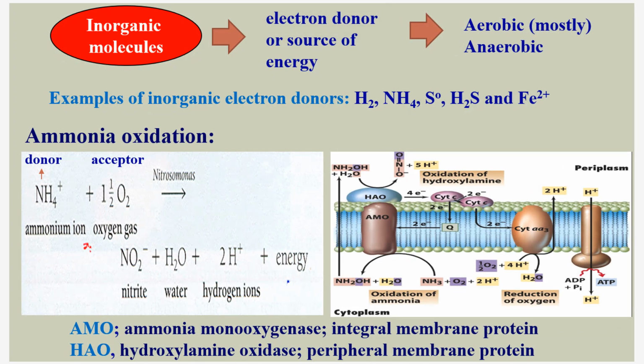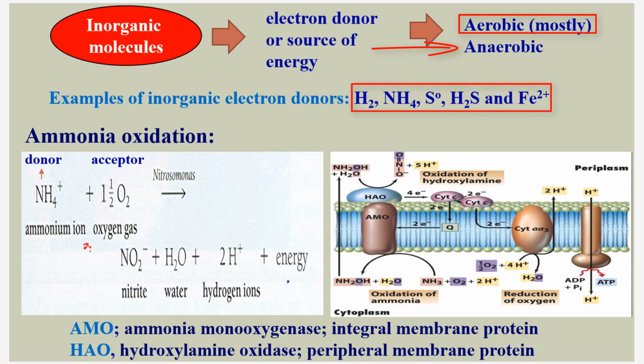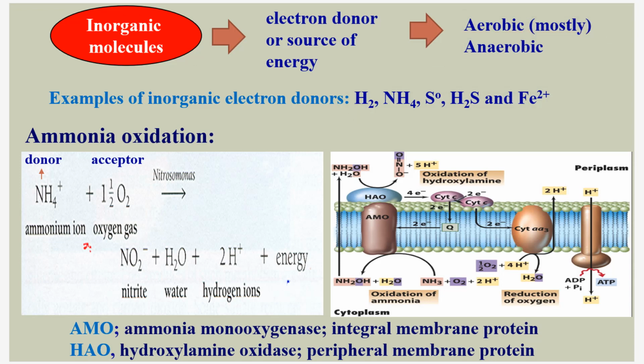Oxidative inorganic metabolism occurs mostly aerobically, although it can also occur anaerobically and carried out by anaerobic microorganisms that use inorganic compounds as source of energy. So the electron donors are oxidized, which leads to the release of energy in the form of ATP.